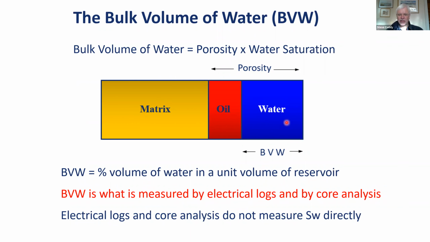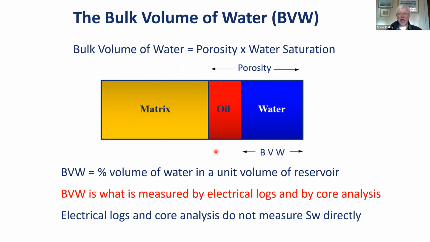So BVW is what we measure. We measure BVW by the electrical logs and by core analysis. Logs and core never measure water saturation directly. The logs measure the conductivity of the porosity, of the conductivity of the water.